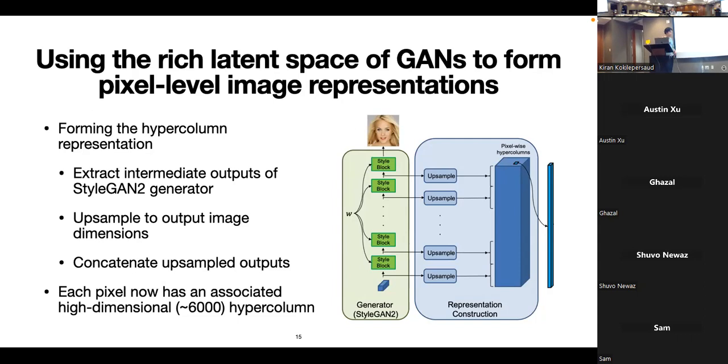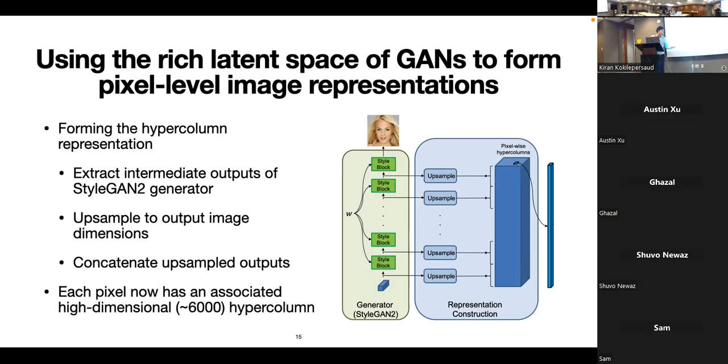What we do is we start with our latent code, and this random input for an image will start generating an image, and we'll take the intermediate outputs of each of the style blocks and upsample them to the full resolution of the output image, and then concatenate. And so now each pixel has an associated rather high dimensional feature vector.